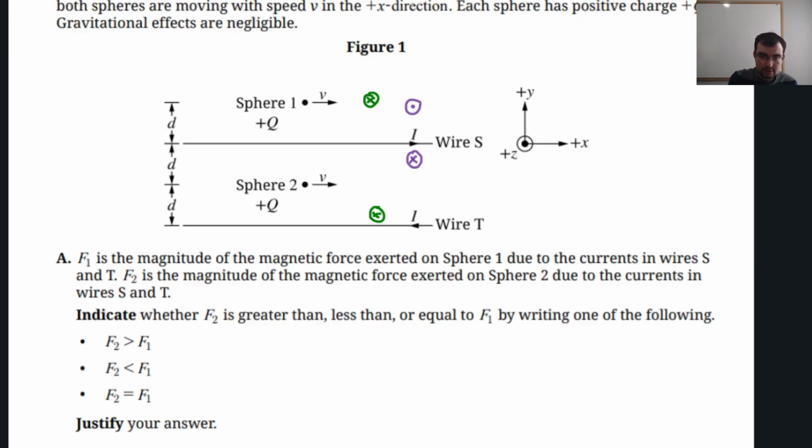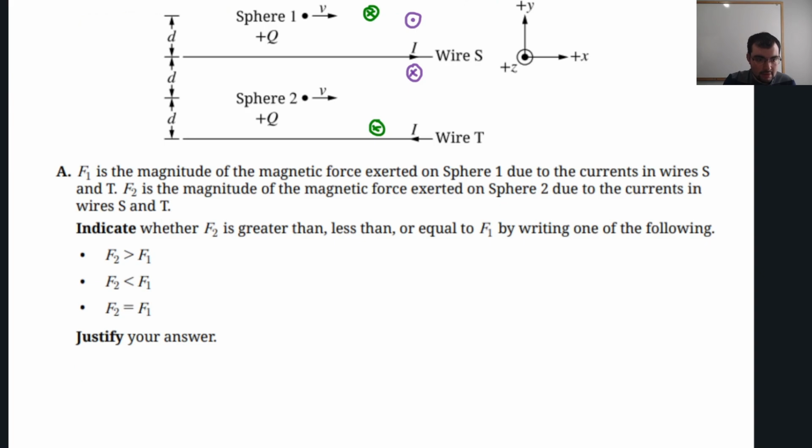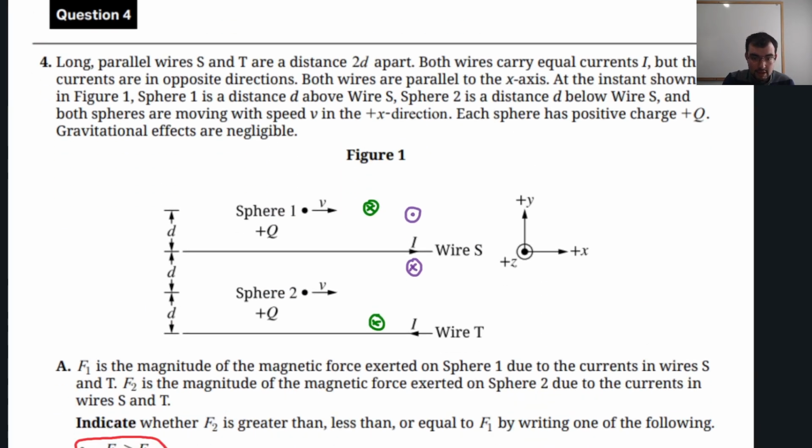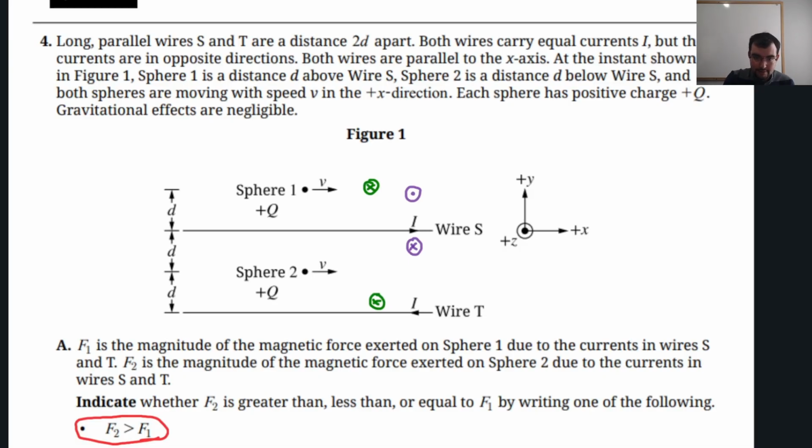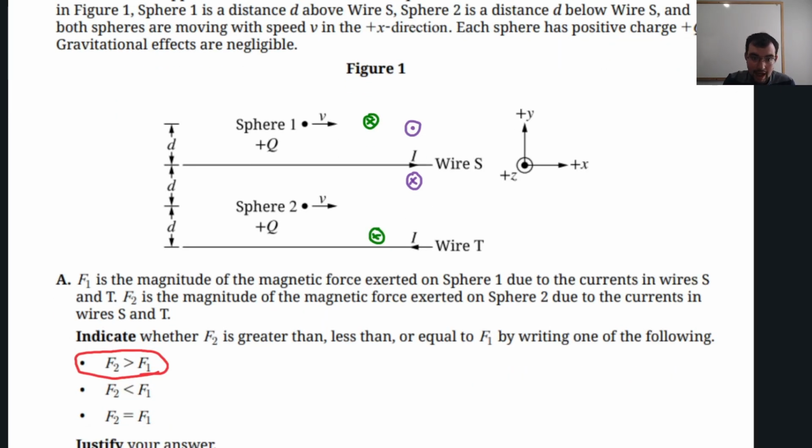So sphere 2 has two magnetic fields that are adding to each other, both trying to get a field in the negative k hat direction. But for sphere 1, the fields are actually canceling somewhat. They don't cancel totally because wire T is farther away. But we see that we have open circle and X versus X and X. So essentially, that's telling us that the force on charge 2 is going to be bigger because the fields are additive between the wires and subtractive, to make up a word, outside.